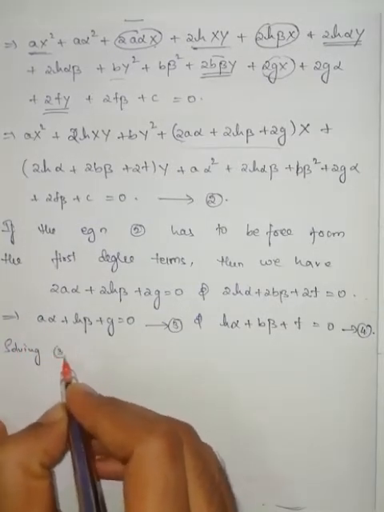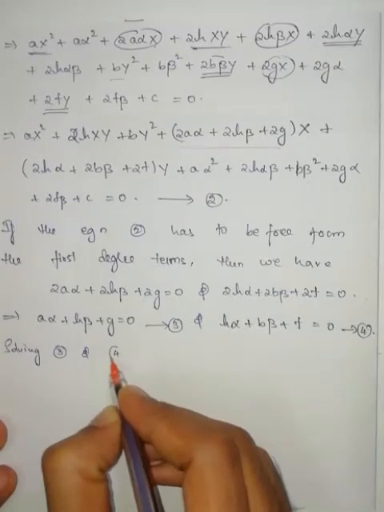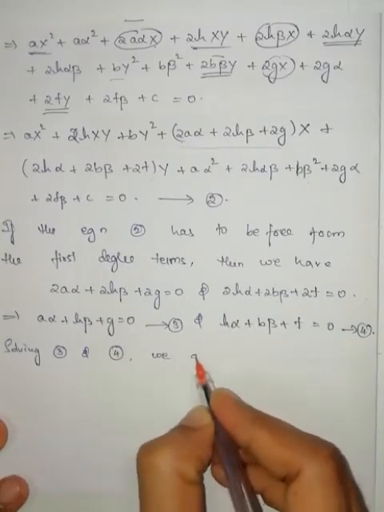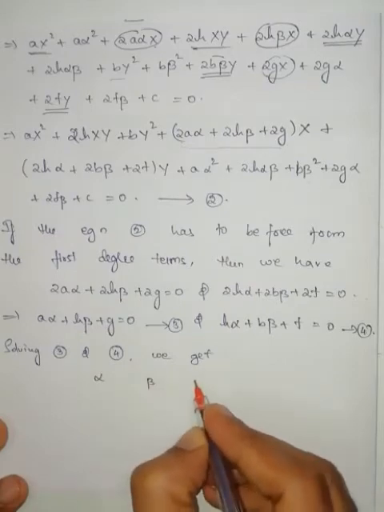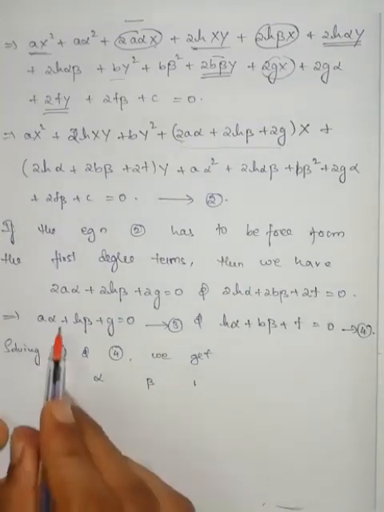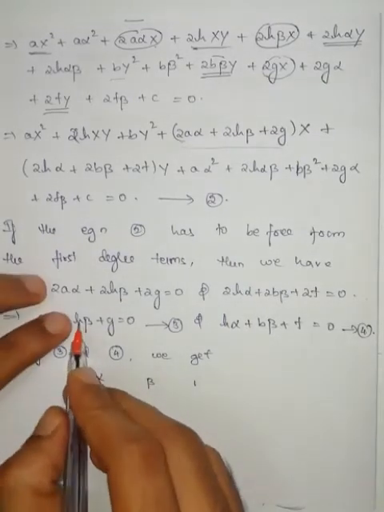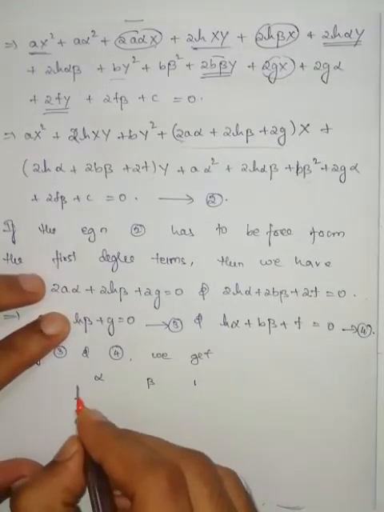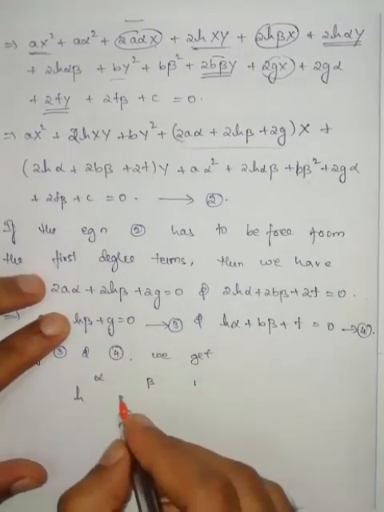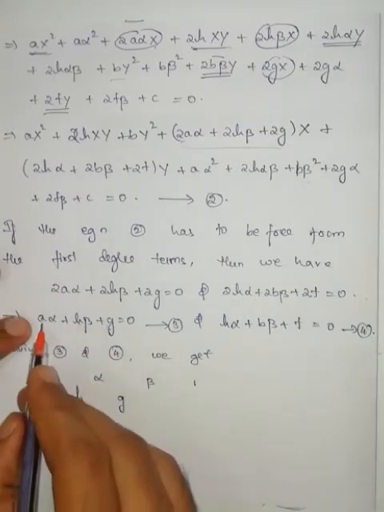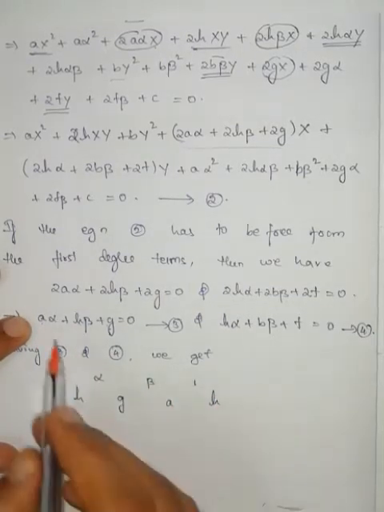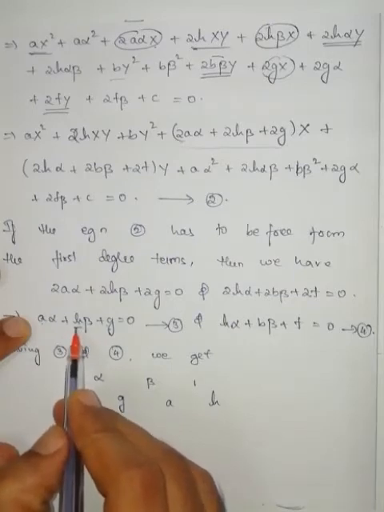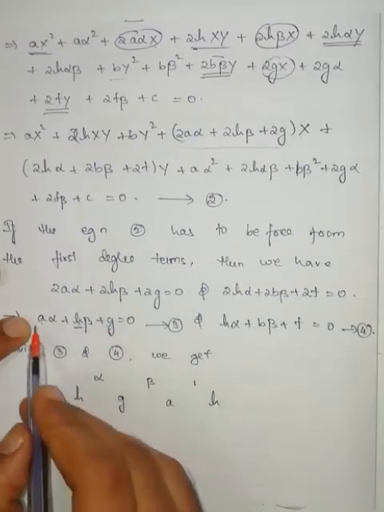Solving equation number 3 and 4, we get alpha, beta, constant 1. First equation, h, next g, next again a, again h. First this coefficient, then this one, again h.